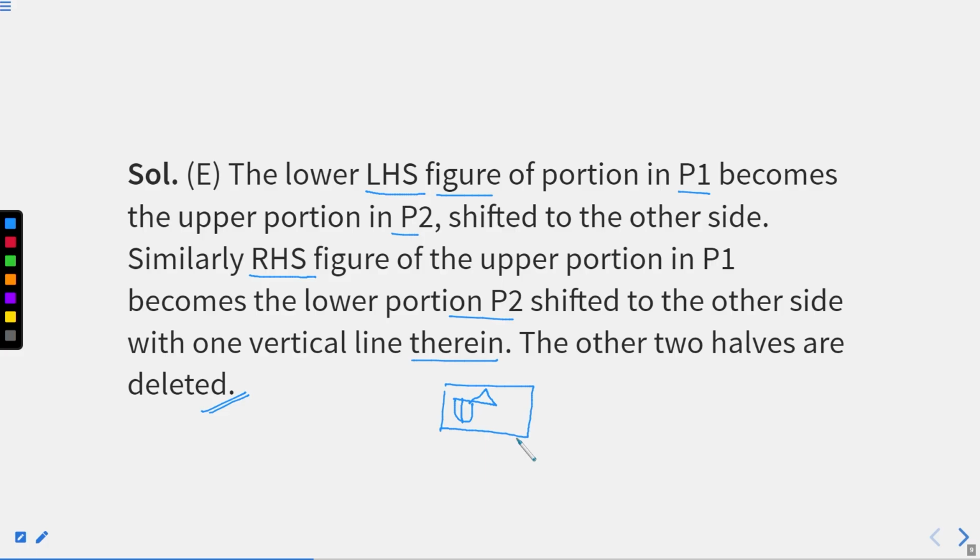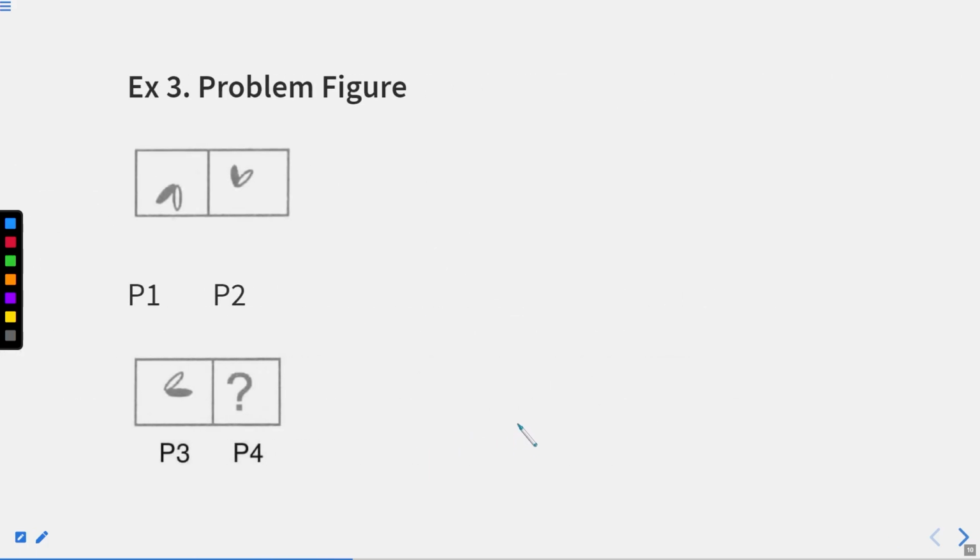Now we will directly move to the next question that is in front of you here itself. So what is the procedure that we have to follow? First, we need to derive the relation between P1 and P2 and implement the same relation between P3 as well as P4, right? So as soon as we move forward to find the relation between P1 and P2, we saw two identities here.